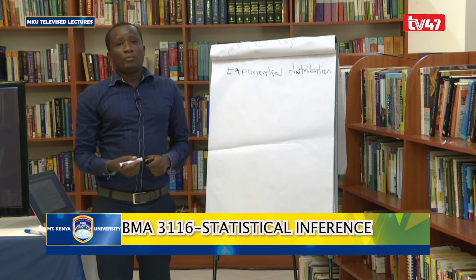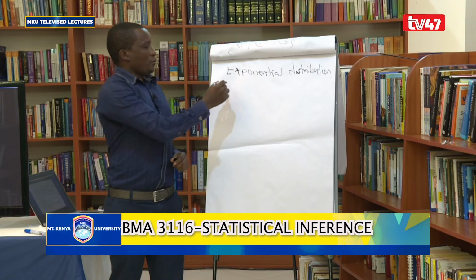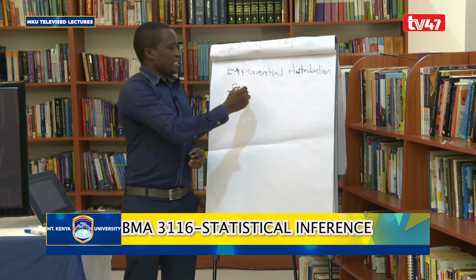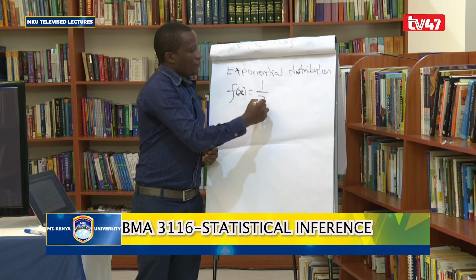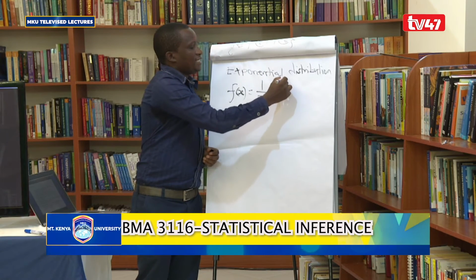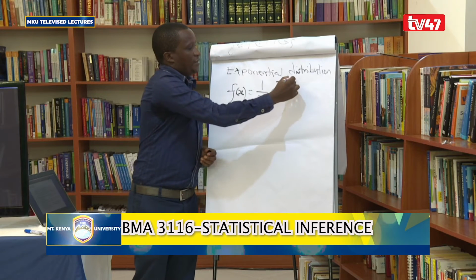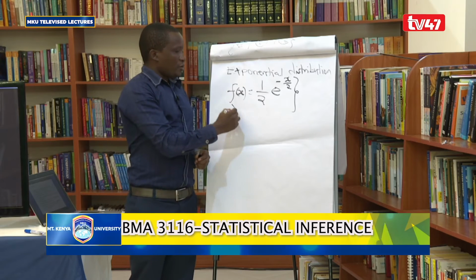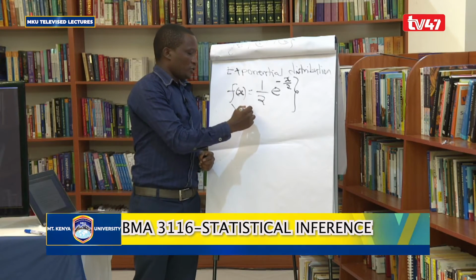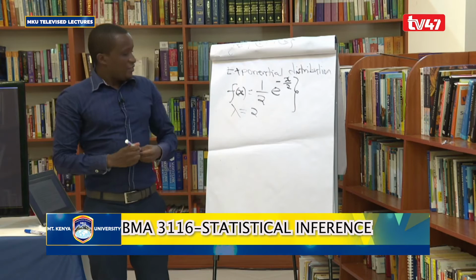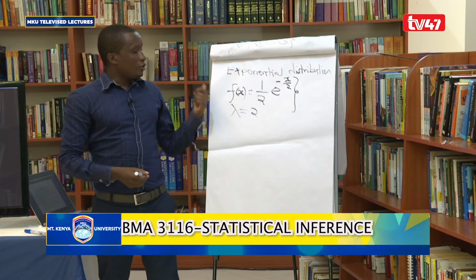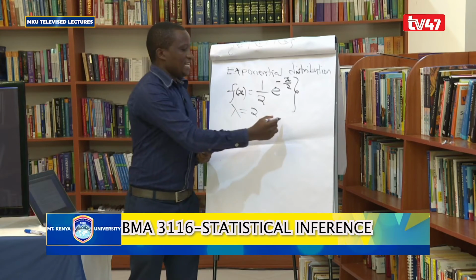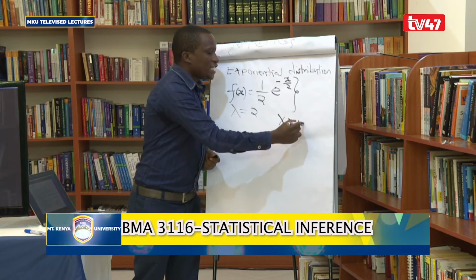We label probability distributions with f of x. So when someone says f of x is equal to, say, 1 over 2 exponential negative x over 2, then we call this an exponential distribution with parameter lambda equal to 2. So this type of expression normally gives you probabilities for values that you obtain, and they are in the form we call the continuous case.